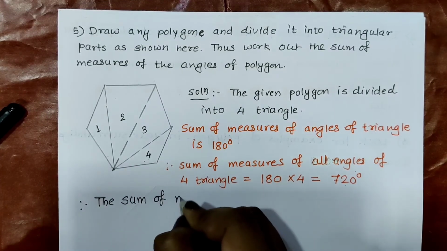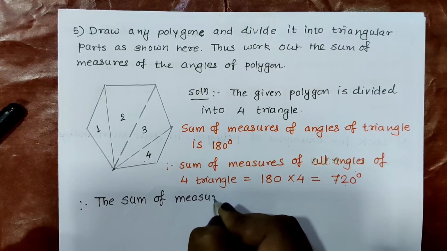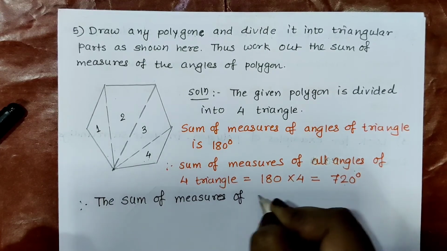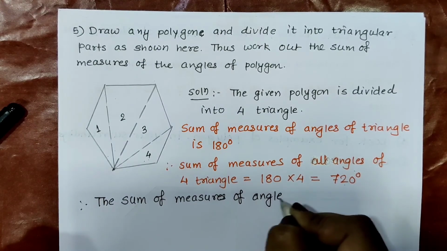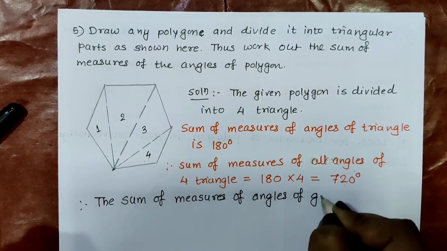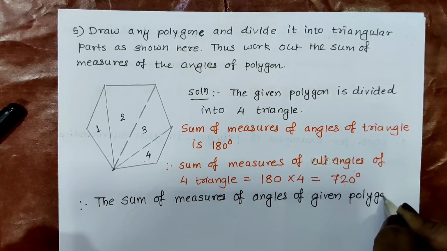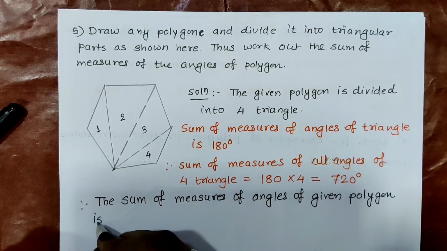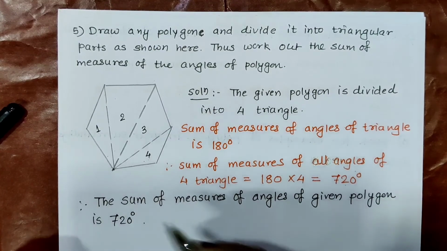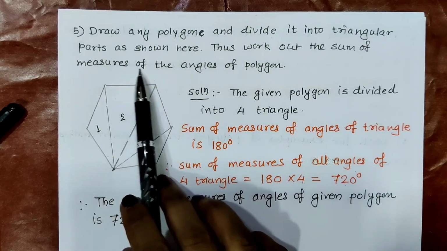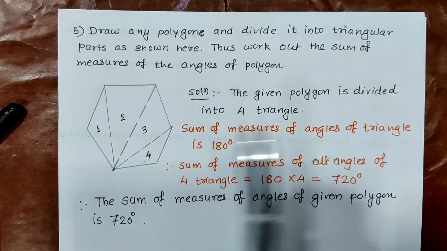Therefore the sum of measures of angles of given polygon is 720 degree. So in this way we can find out the measures of angles of polygon, any polygon.